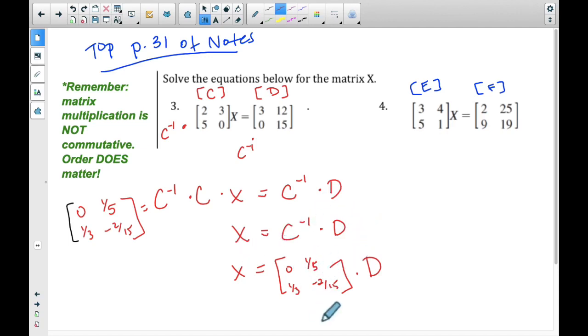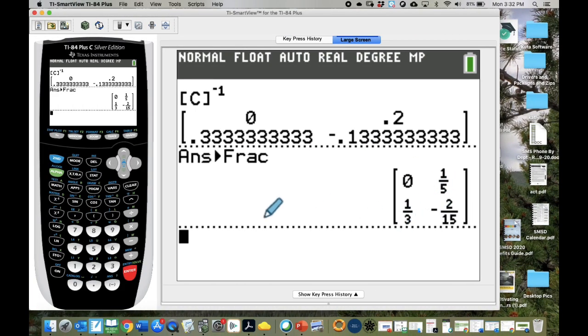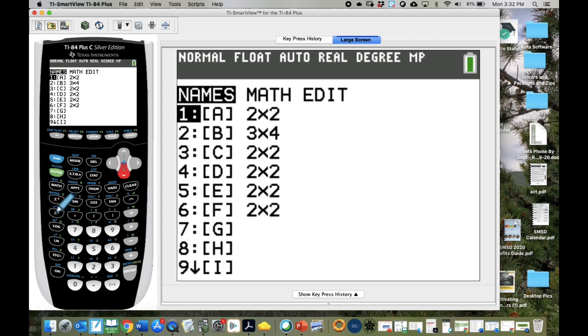So I'm going to take that and multiply it times d. On my calculator, I just have to hit times d. I'll show you. Here I have it on my calculator. I'm just going to hit times and then second matrix, names, d, enter.